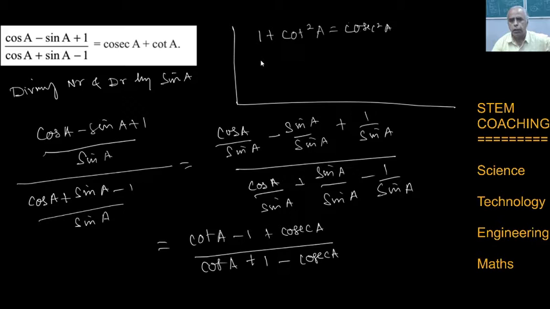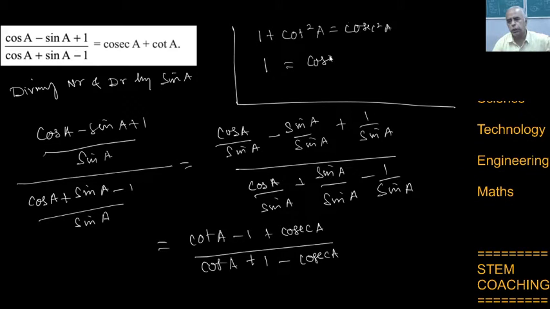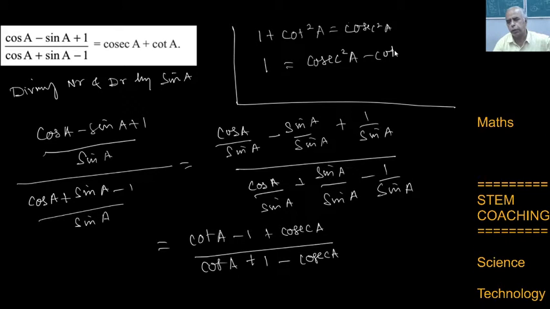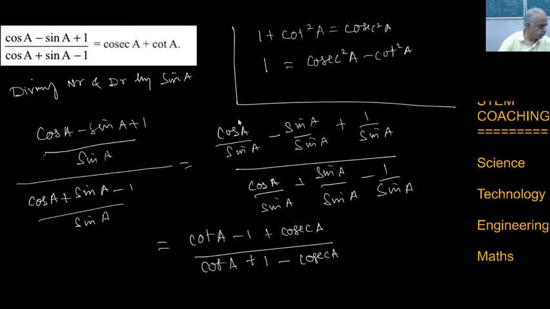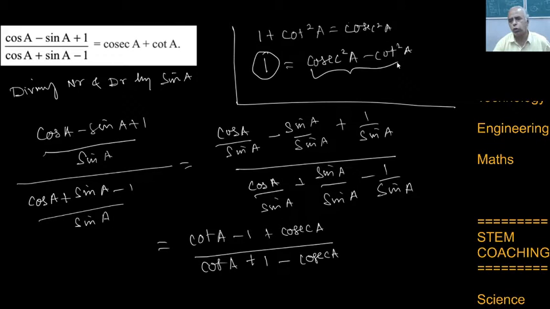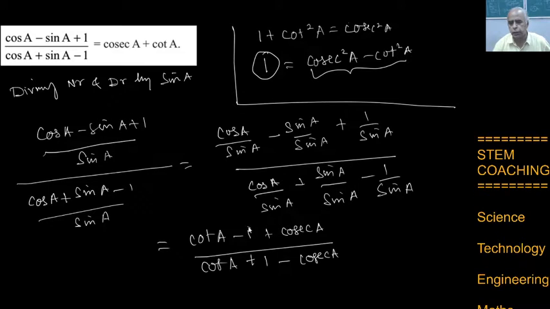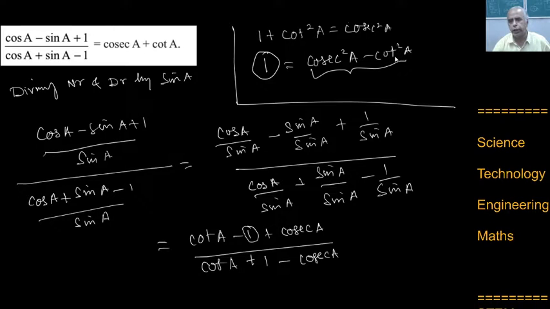And 1 is equal to cosecant squared A minus cot squared A. Am I right? So in that case, this 1 can be replaced by cosecant squared A minus cot squared A. Correct? So we can do this exercise here, that is, this 1 is replaced by cosecant squared A minus cot squared A.